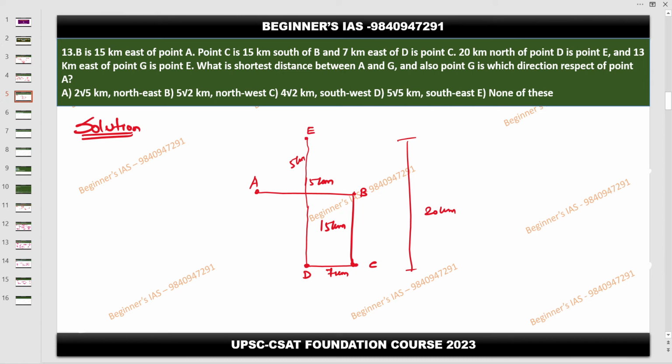Then 13 km east of point G is point E. So obviously, 13 km east of point G. So this is G. This is 13 km.